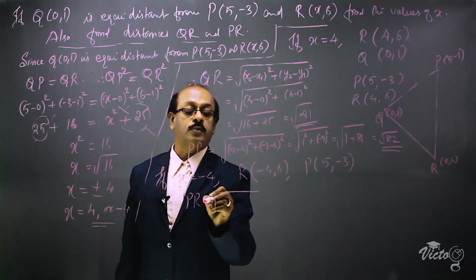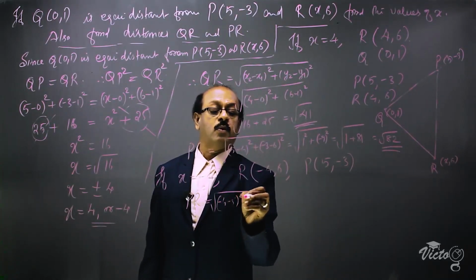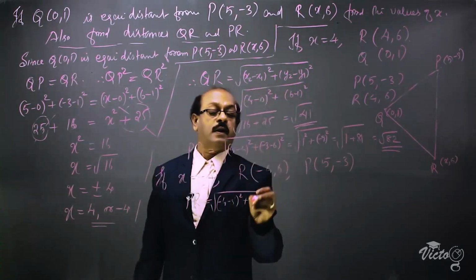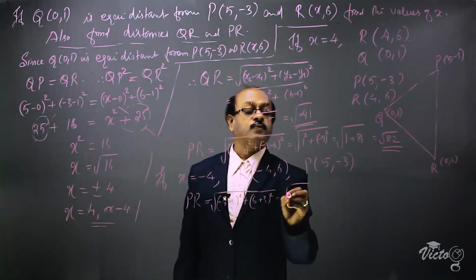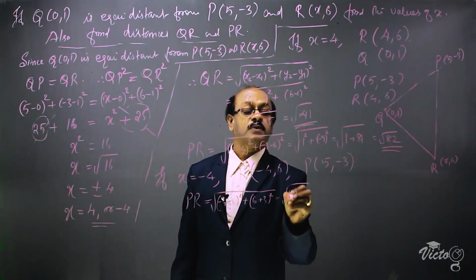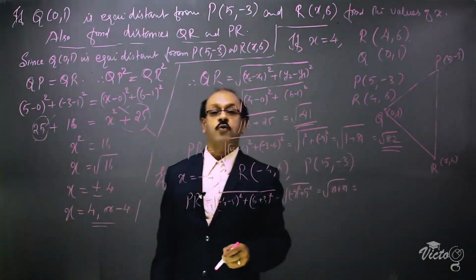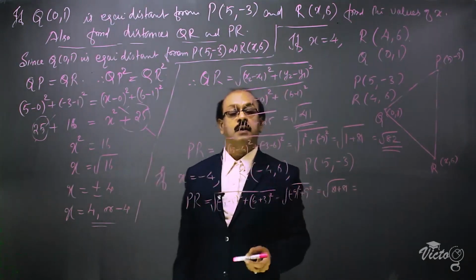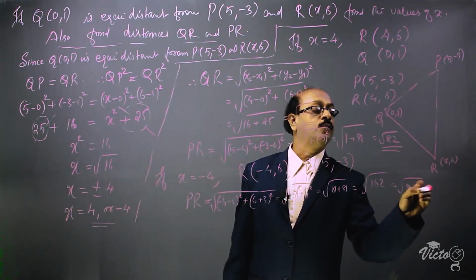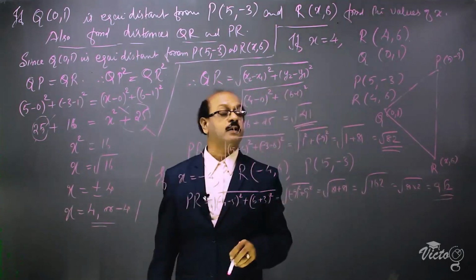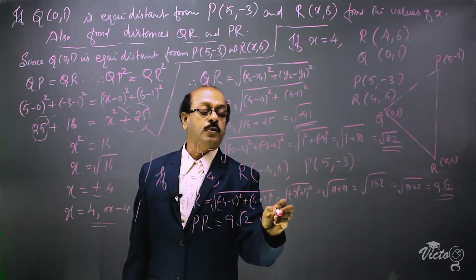The distance PR is the square root of (-4 minus 5) squared plus (6 plus 3) squared. -4 minus 5 is -9, squared is 81, and 9 squared is also 81. So it is root of 162. Splitting it as 81 times 2, the value is 9 root 2. PR is 9 root 2 units.